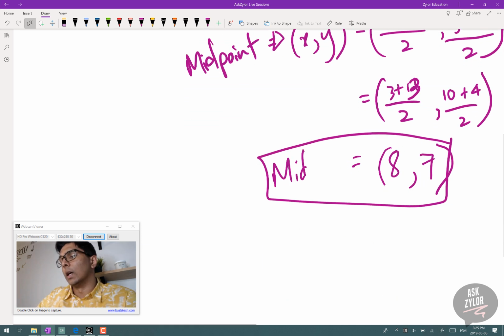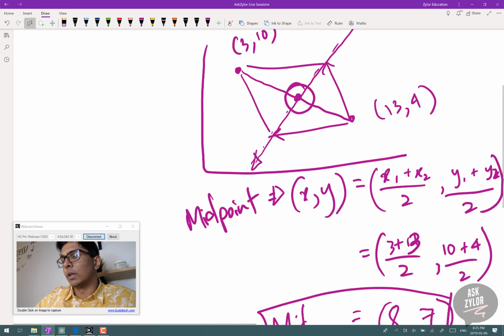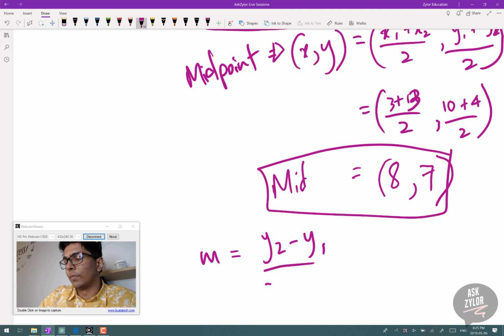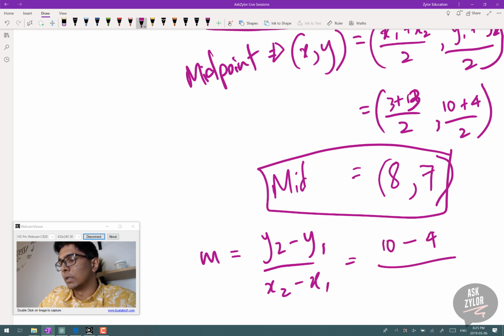Right? Now we need to find a perpendicular line from that midpoint to that line given. Right? So let's find the slope between those 2 points. So my slope is y2 minus y1 over x2 minus x1. So my y2 I'll say is 10 minus 4, and my x2 I'll say is 3 minus 13.